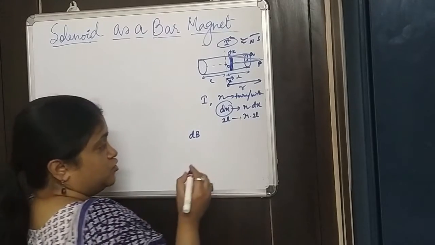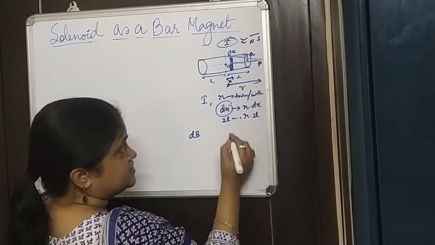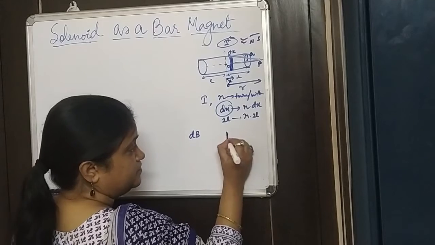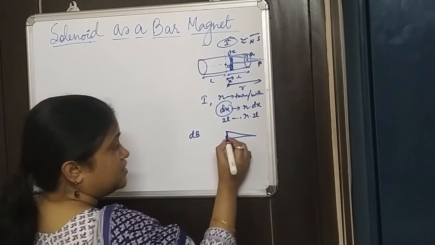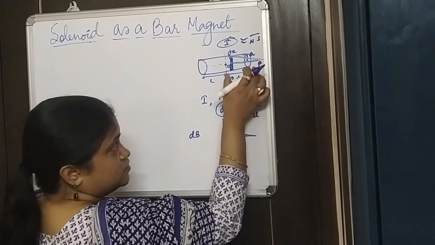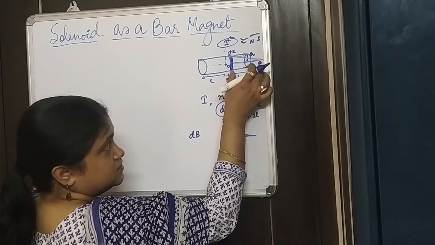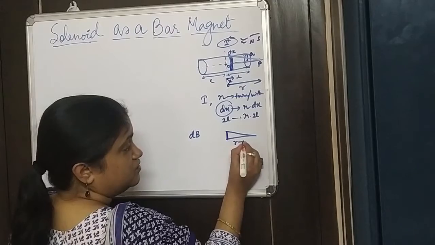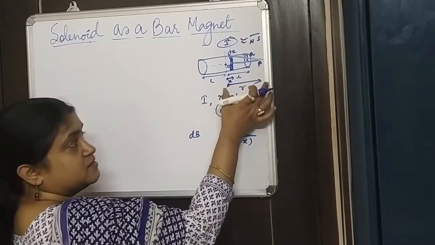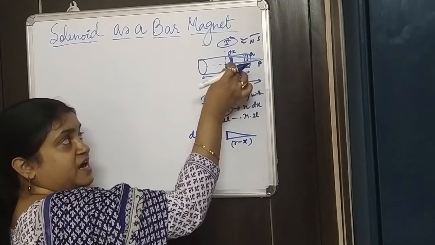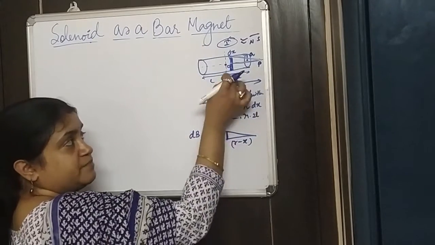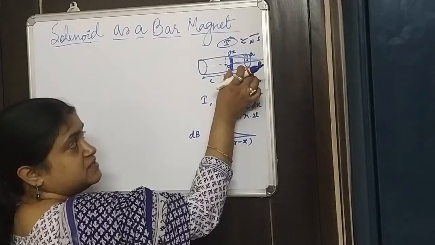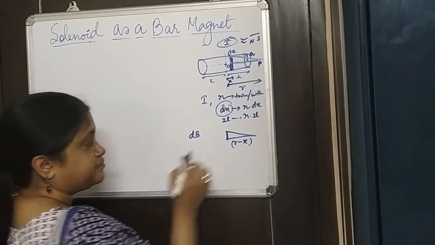I will draw it once again. This is the distance, and it would be r minus x. r is the distance of P from the center, and x is the distance of the section from the center. So r minus x is the distance from this section to point P.